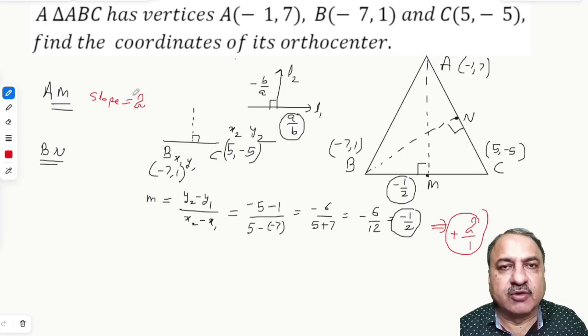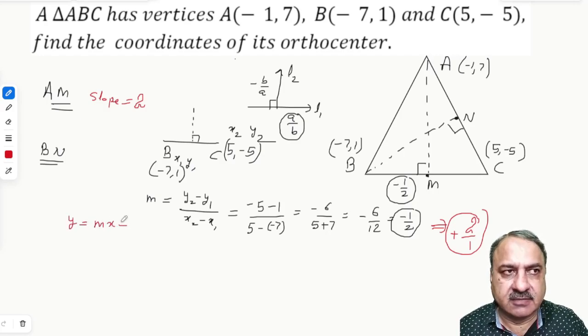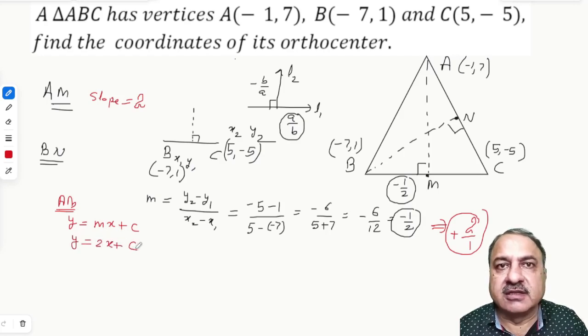Let's move on to find the equation of AM. The equation of a line is y equal to mx plus c. For the line segment AM, m is 2. So y equal to 2x plus c. Now we have to find the value of c.